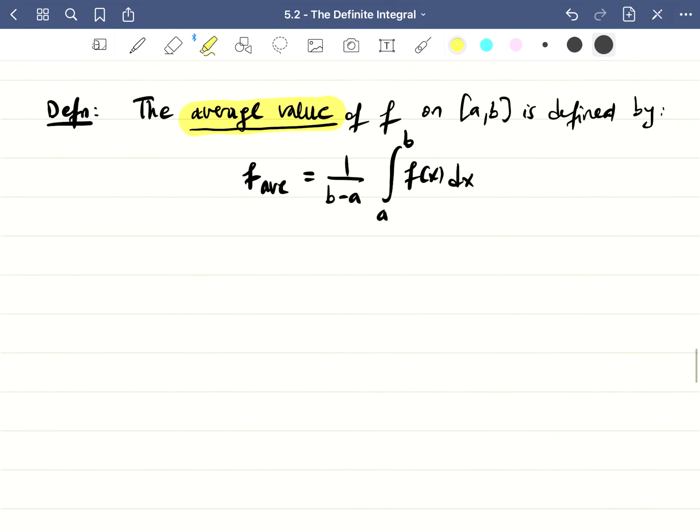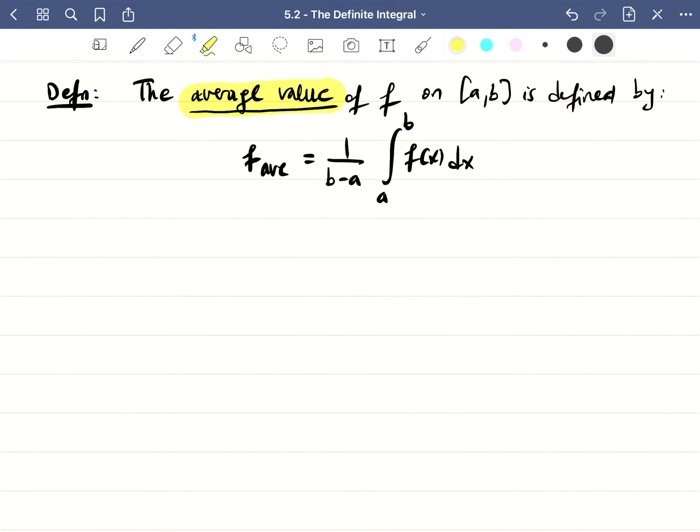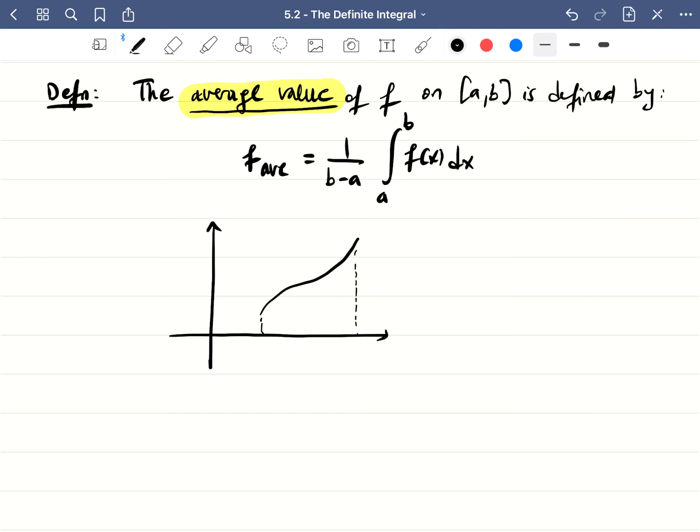Okay, so let me show this to you on a picture. So for example, if you have a function, let me just draw a generic one. Say this is a function. This is a and this is b.